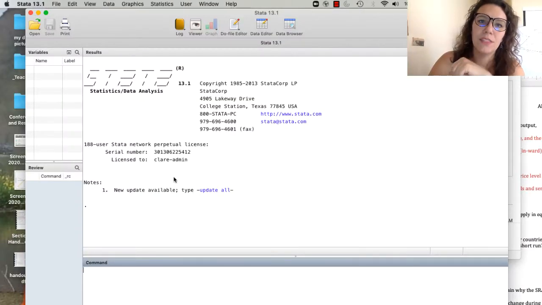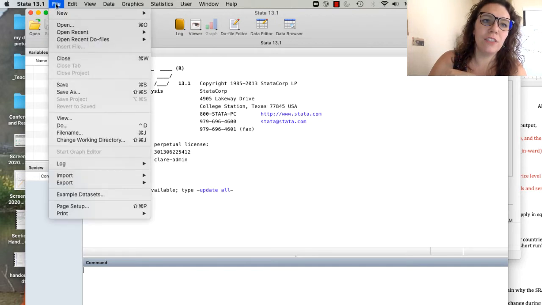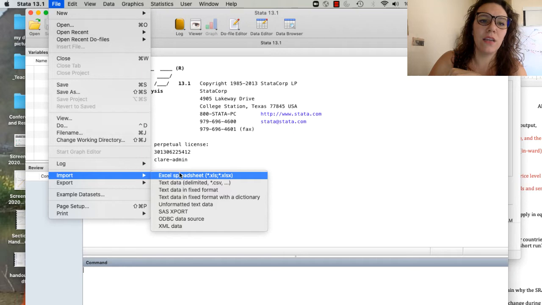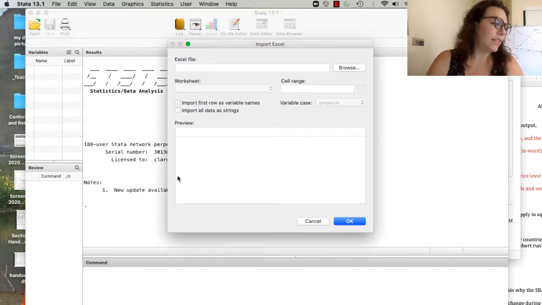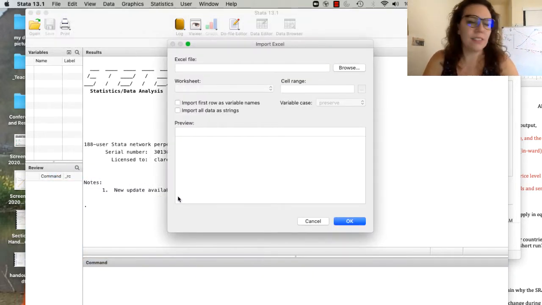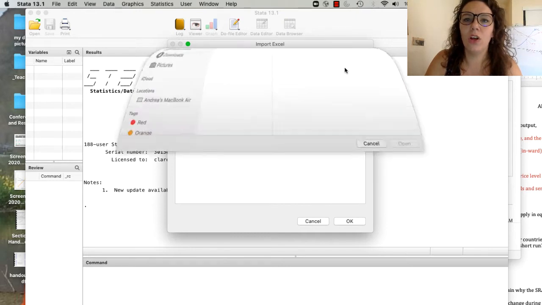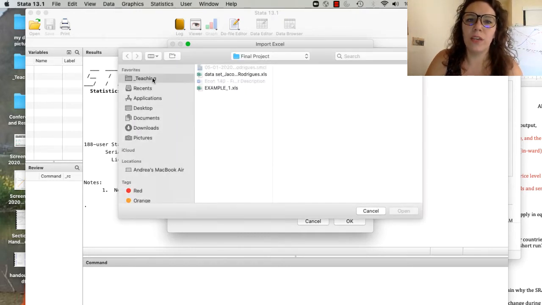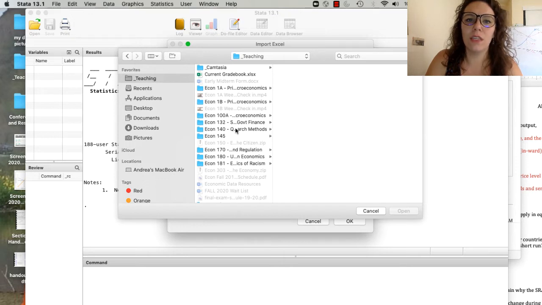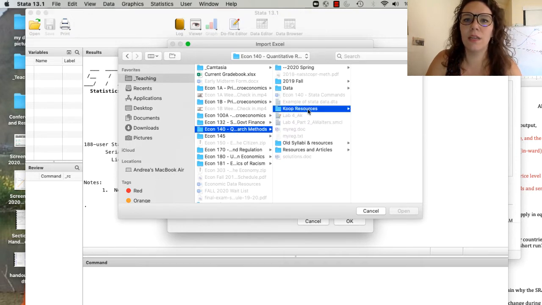I've got my Stata open, and the first data set I want to import is the AFFAIR data set. So this is affair.xls from the Koop data set, and I'll get this loaded for you guys all on Canvas, or you can always get it from the textbook website.